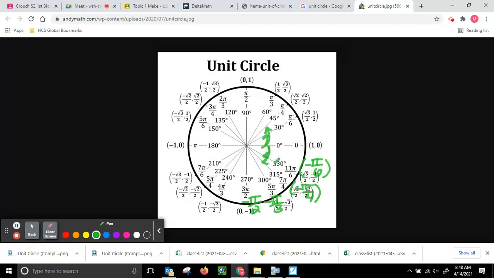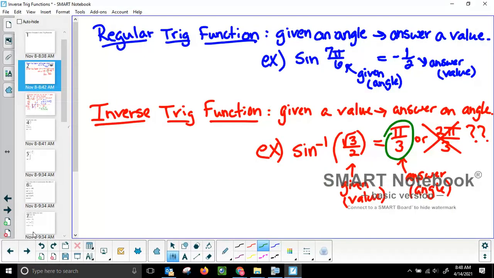So when you're talking about inverse sine, this is true for inverse tangent as well. We only look at the right half of the unit circle. Let's make a little list of what we care about here.